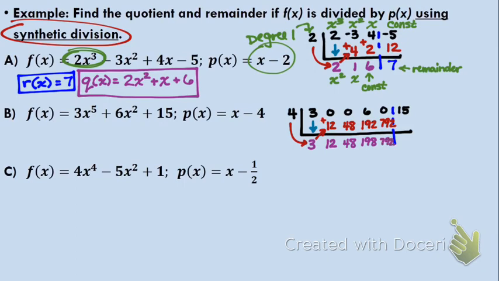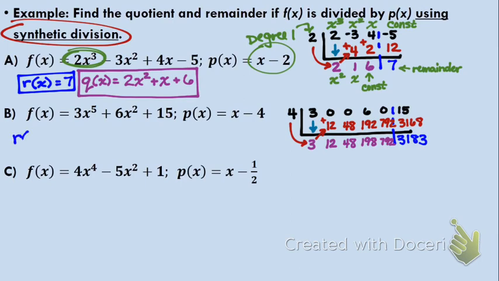Then I have to do 4 times 792, 3168. And then we add those two together. What is our remainder? 3183. So let's write down our R of x and our Q of x.